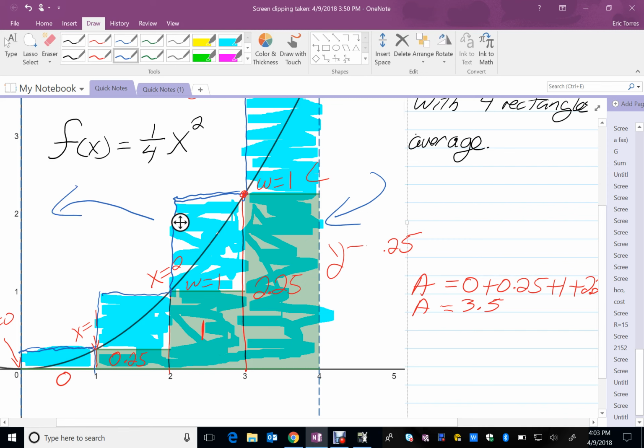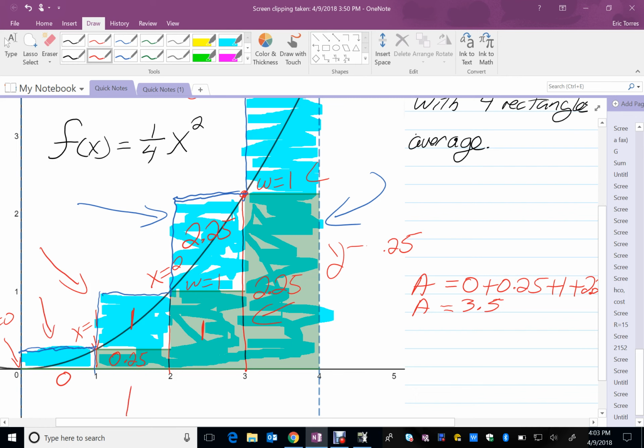They're the same rectangle. Sorry, pointing in the wrong direction. So these two rectangles are the same size, which means I know the area of this rectangle here is going to be 2.25. And if we move over, this rectangle and this rectangle are the same size, so they have the same area, 1. I could recalculate it if you prefer, but I'm not going to.